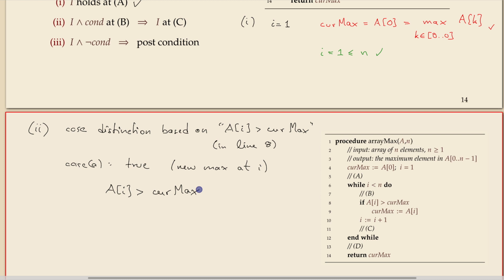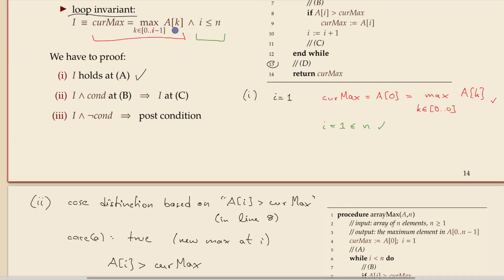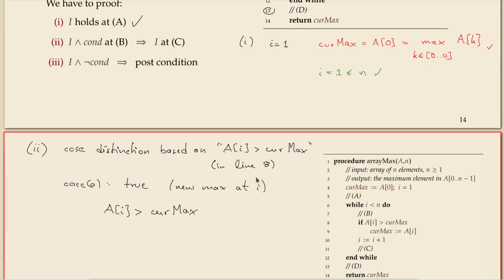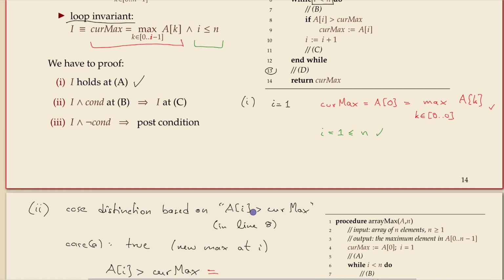But now we have to use the fact that the invariant is true. Remember, in this case, we're doing a direct proof. So we assume what's on the left of the implication and try to prove what's on the right. In particular, that means we can use our loop invariant. And from the red part of the loop invariant, we can use this bit.